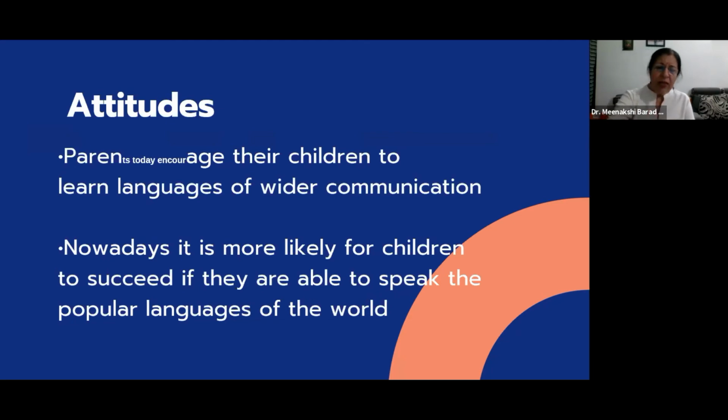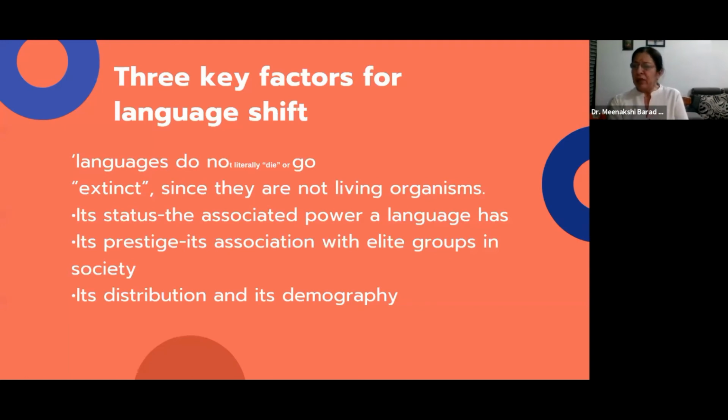It has also been suggested by some that in the modern world, there simply may not be enough room for many languages. And so languages do not literally die or go extinct, since they are not living organisms.